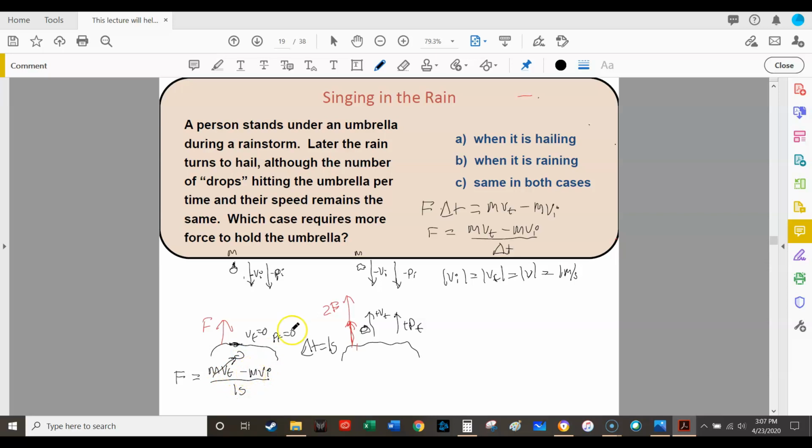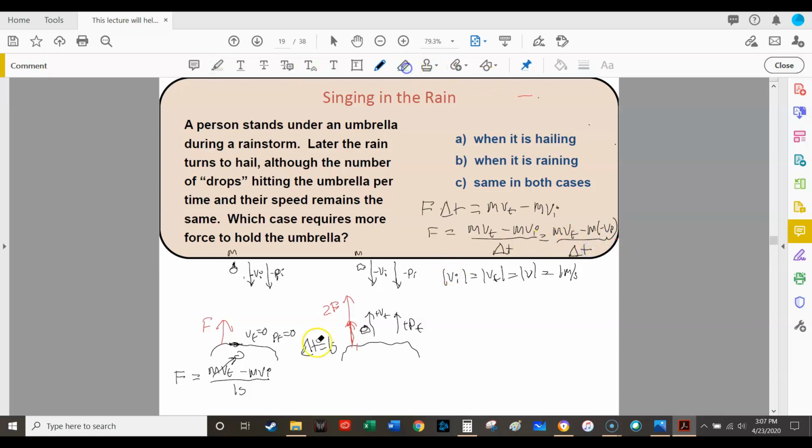And the mv initial for both objects, final, is going to be negative, right?